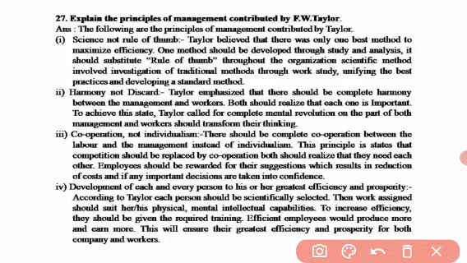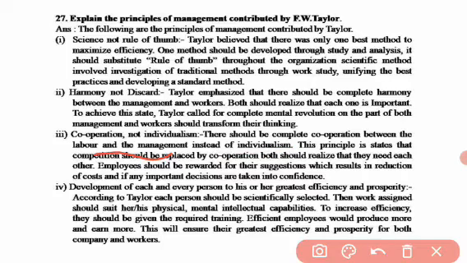The next third principle, that is cooperation, not individualism. According to Taylor, cooperation is very important in every business organization. So cooperation between the labor and the management should take place in business organization. We should not consider any individualism.